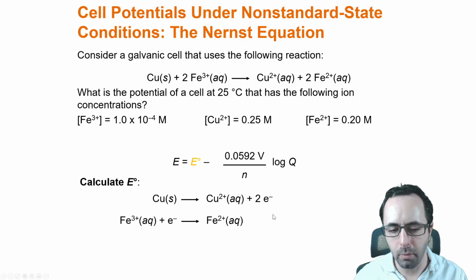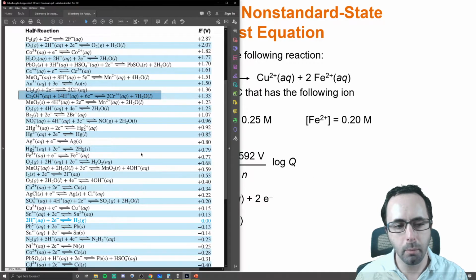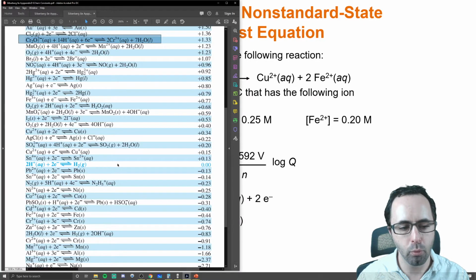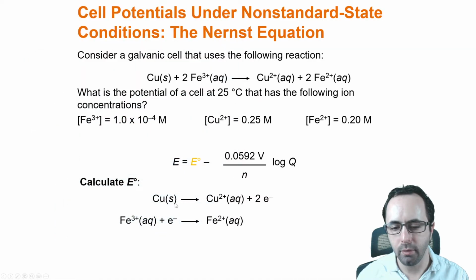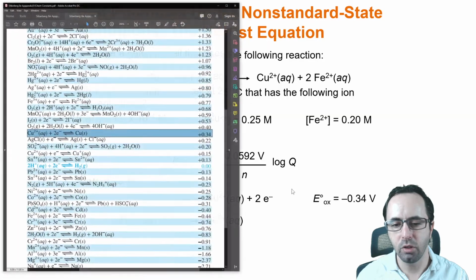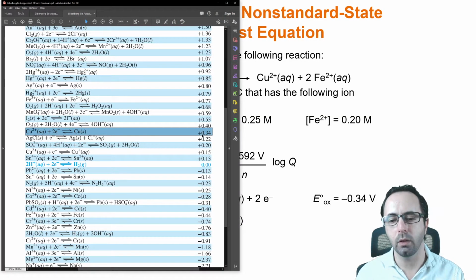So let's go and look up the potentials from our appendix. So in the appendix, for the reduction of copper, we have 0.34, but in this question we have the oxidation of copper. So we're going to write the oxidation potential, which will be this potential with the sign reversed because the equation's reversed.